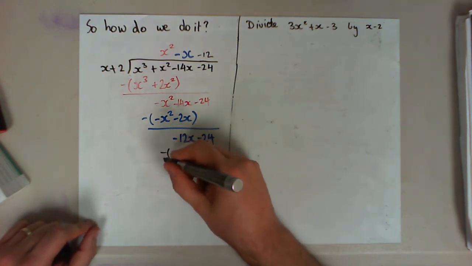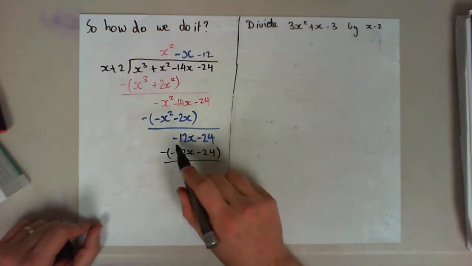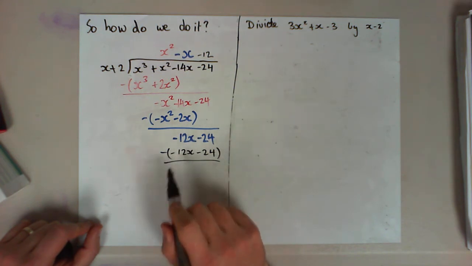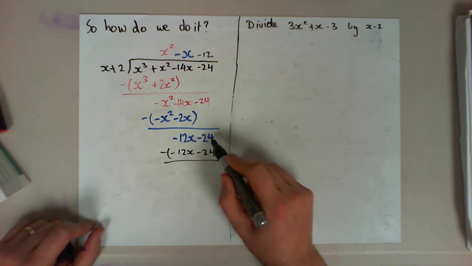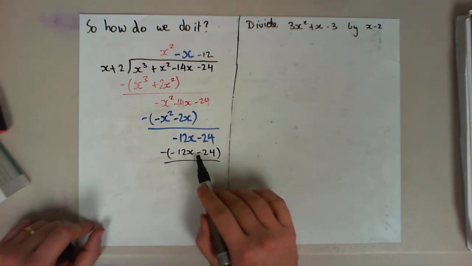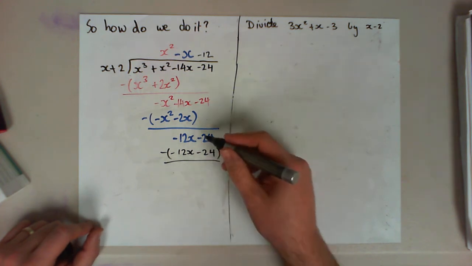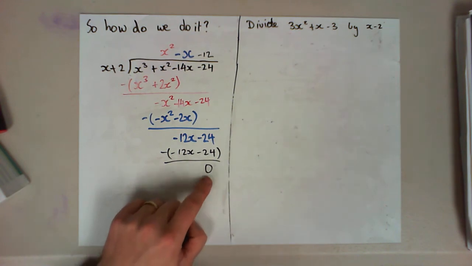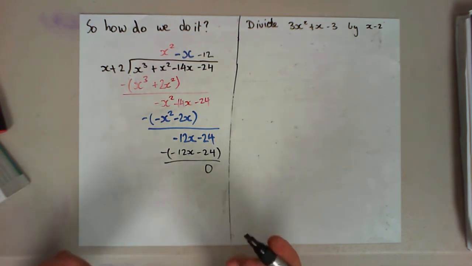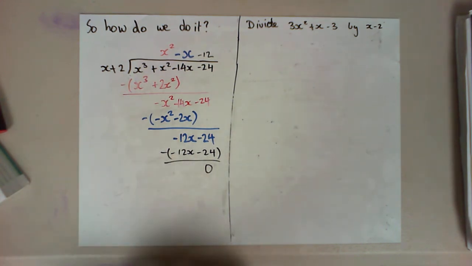Bracket, bracket, take away, line underneath. Negative 12x, take negative 12x, leaves us with 0. That's the whole point. Negative 24, take negative 24: take a negative gives us a positive, so we add it on, which leaves us with 0. That 0 here is our remainder.